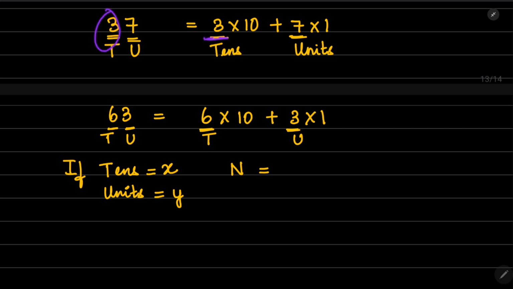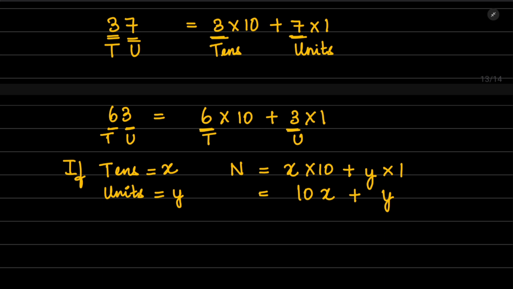Whatever your tens digit is, it is multiplied by 10, plus the units digit into 1. So n will be equal to x into 10 plus y into 1, which is nothing but 10x plus y. This is your original number, if you have a number whose tens digit is x and units digit is y.